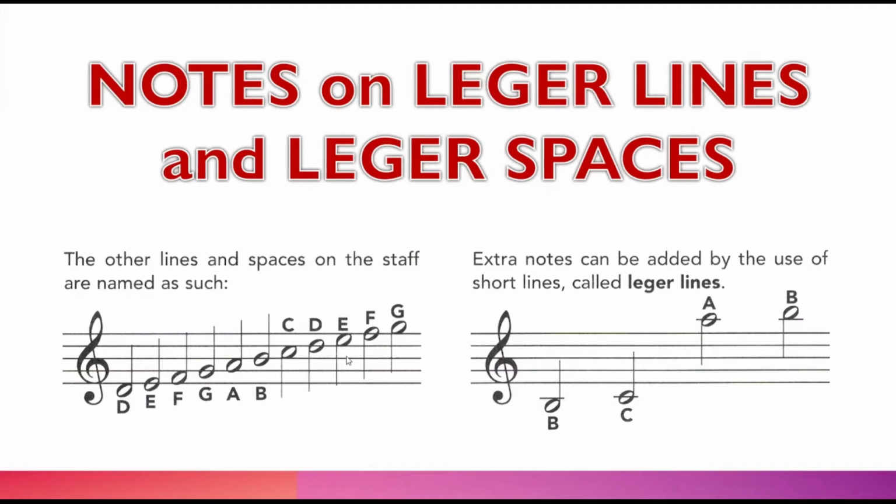So there are notes that can be written on ledger lines. Now, ledger lines can go 1, 2, 3, 4, 5, 6. It can go up and it can go down as well. Most important is you know exactly what those notes are by remembering the first 7 letters of the English alphabet and the notes on the lines and the notes in the spaces.